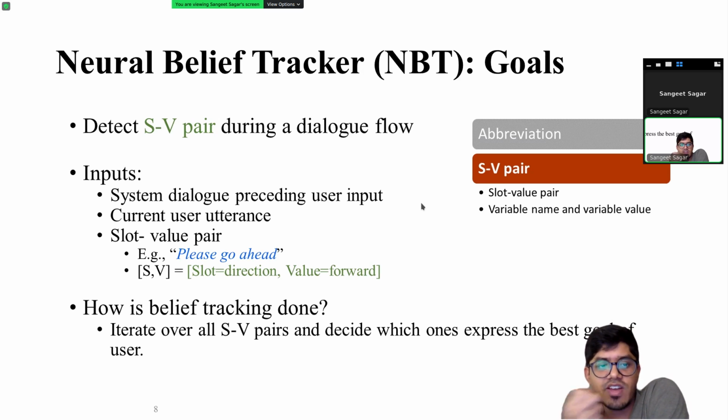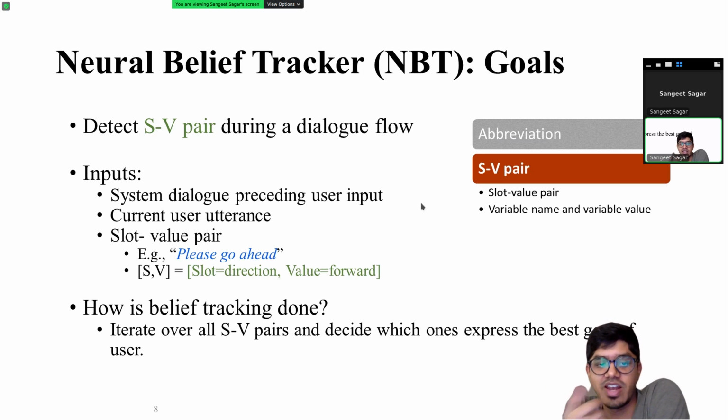A slot value pair, which we will see abbreviated as SV pair, you can think of in terms of a variable name and a variable value. For example, if I say please go ahead, your slot will be the variable name, which is the direction.